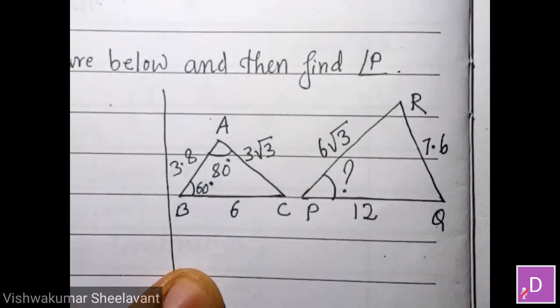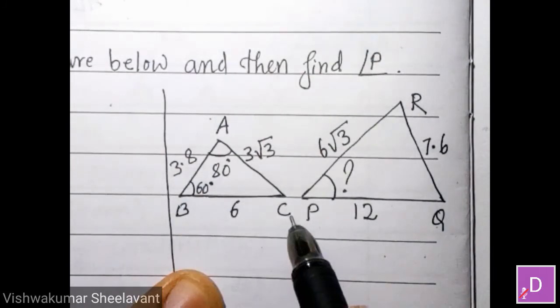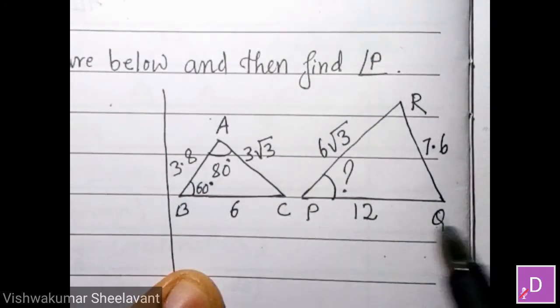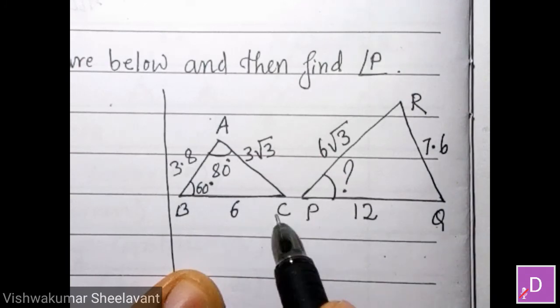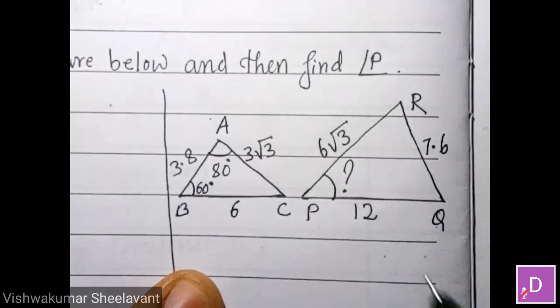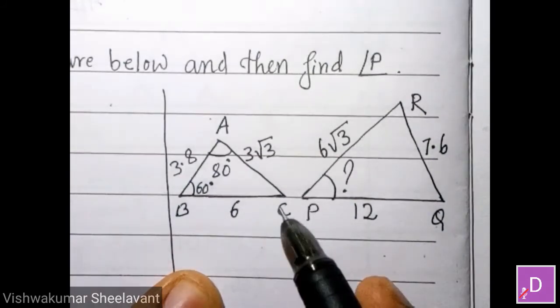When you talk about correspondence, you have to be careful. Order becomes very important. BC may be corresponding to PQ or BC may be corresponding to QP. So what is corresponding to what, that we have to see.